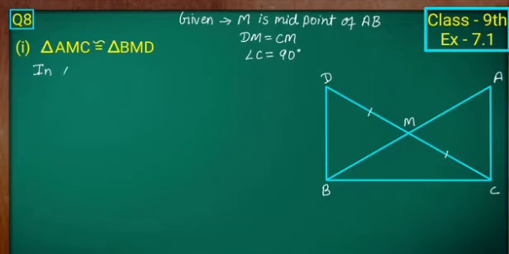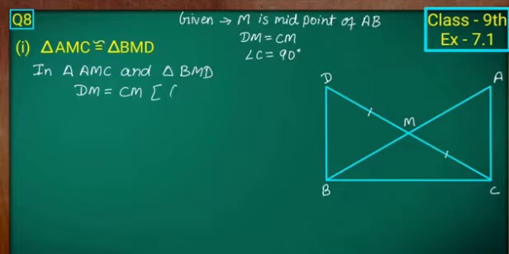So now write, in triangle AMC and triangle DMB, DM equal to CM, that is given. Just mention it at first.